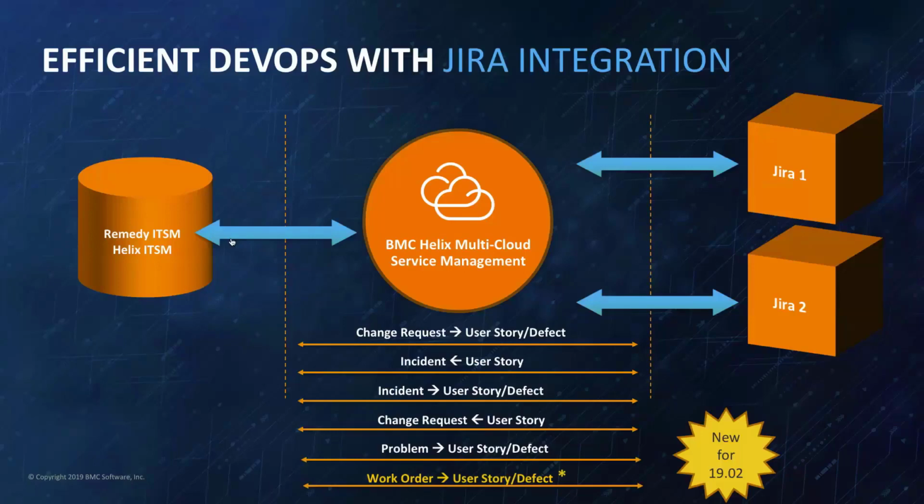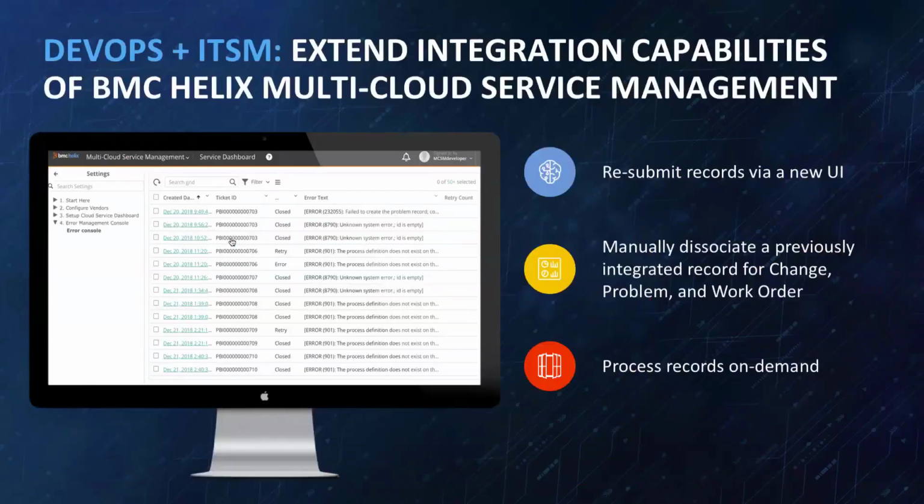So what is new in 19.02 is that we support this interaction now also for work orders. You can translate those into Jira user stories or defects. But we also expanded that interaction based on customer feedback in other areas.